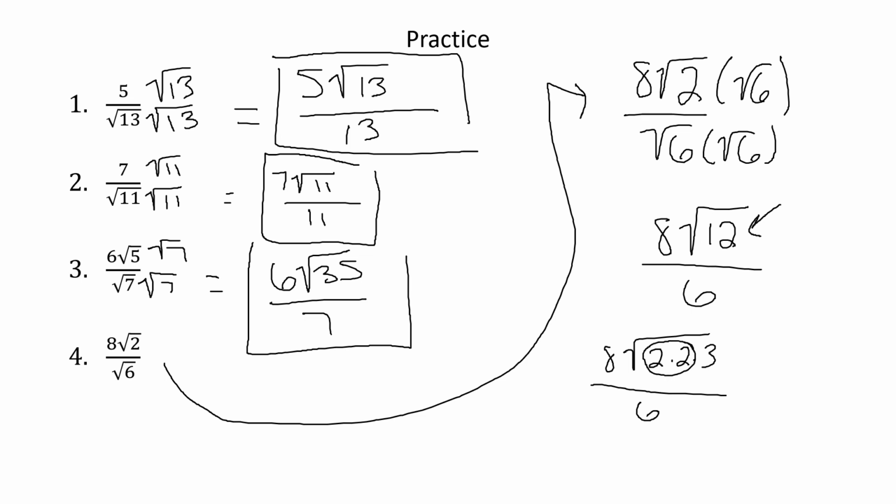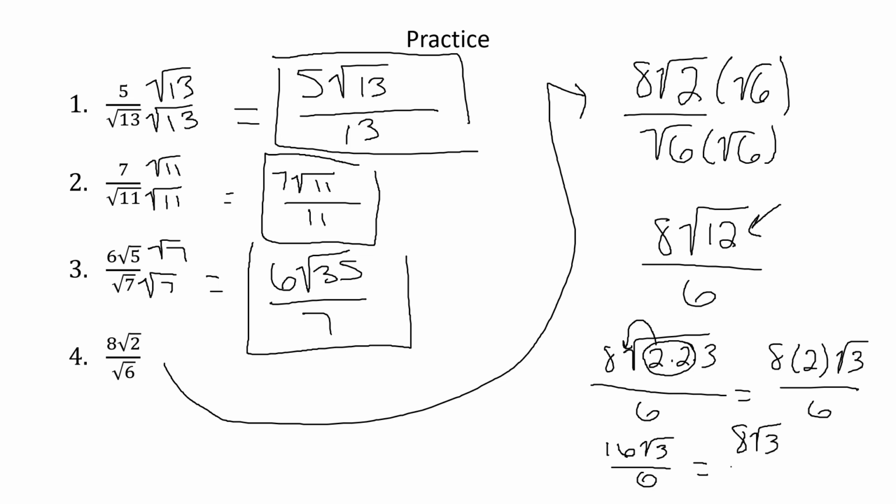This pair of 2's can pull out, all over 6. 8 times 2 is 16. Now 16 over 6 can reduce. They're both even, so I can divide them both by 2. 16 divided by 2 is 8. 6 divided by 2 is 3. That is my answer.